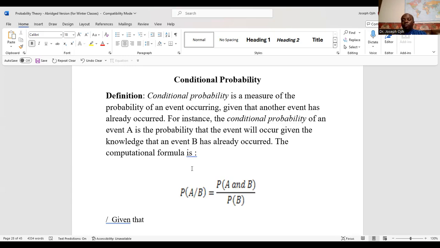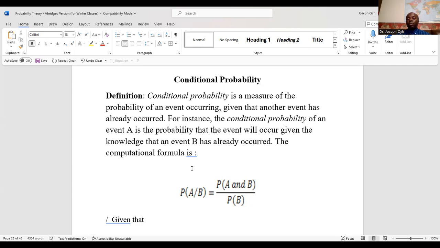Even love, they say, is conditional too. The lady loves you because you have money or because you're handsome. That's the condition. And you love her because she's beautiful. There's always a condition, and we recognize that in statistics. We call it conditional probability.